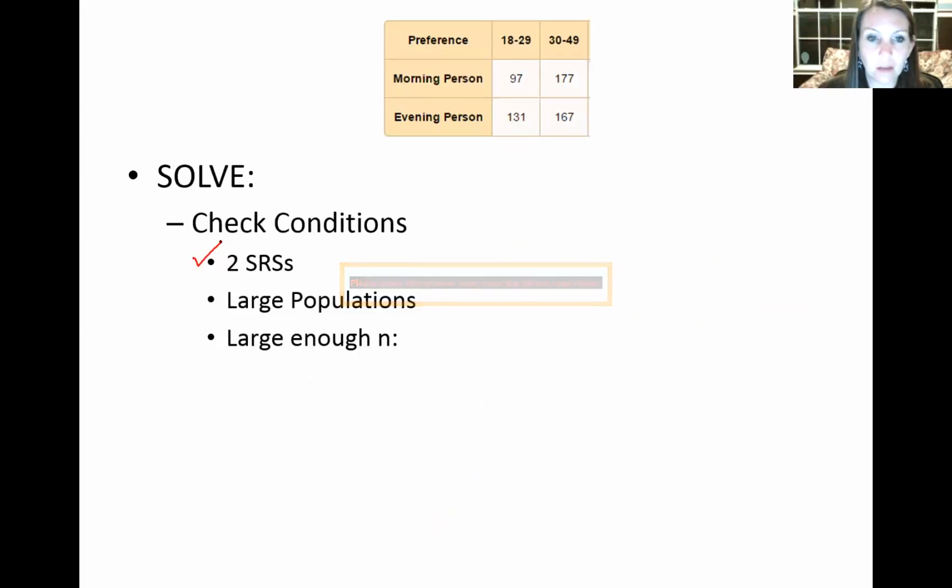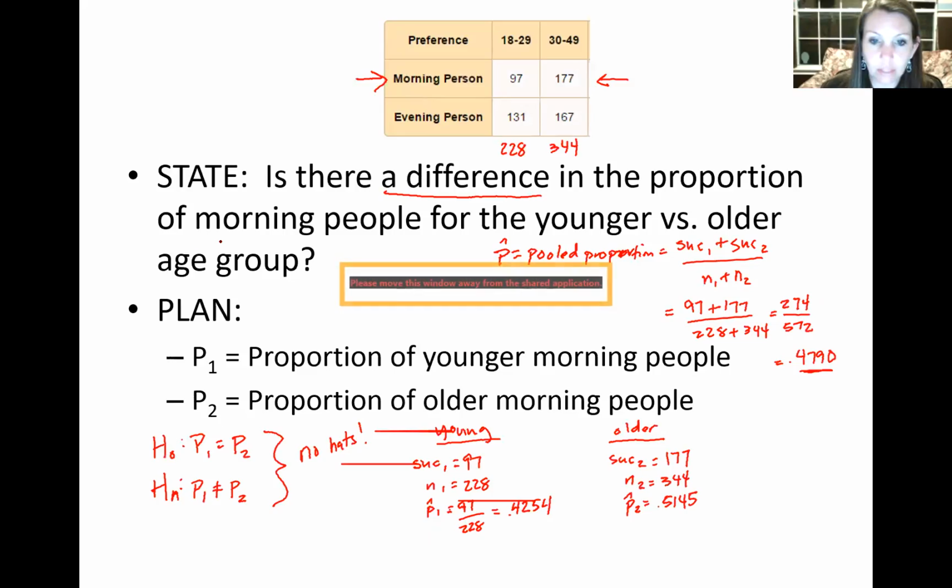The large populations condition: we just need the population to be at least 10 times bigger than the sample. If we look back at our sample sizes, for the younger people, there was 228. So we need the population to be at least 2,280. And we're talking about young people. Are there at least 2,280 young people out there?